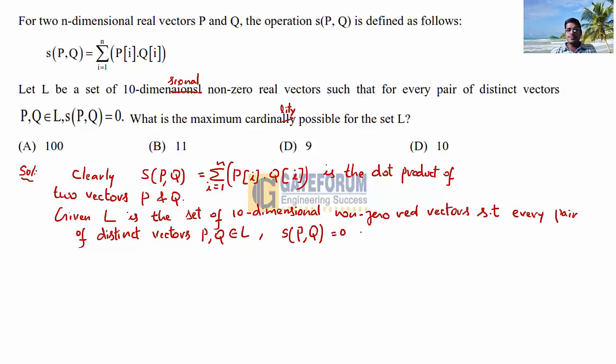So that means the dot product is 0, which implies p and q are orthogonal vectors.